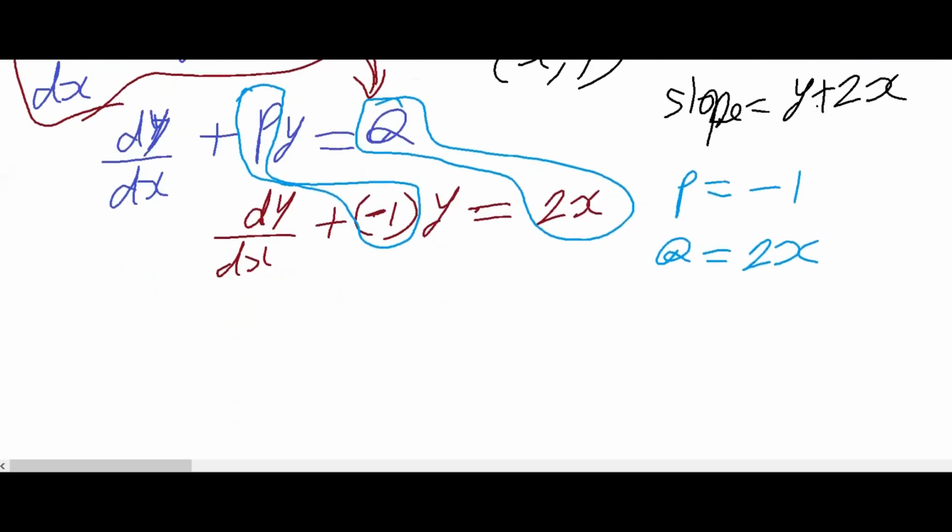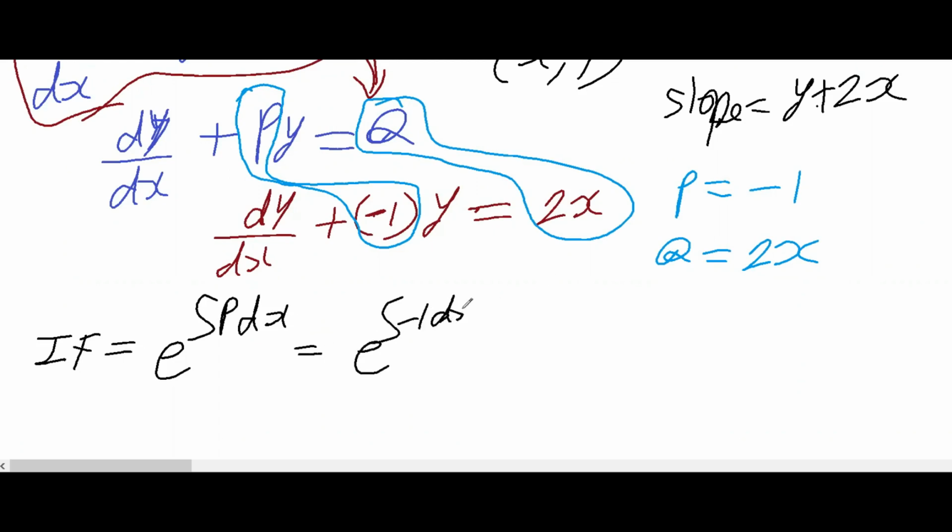Since I have found which type of linear differential equation this is, what is the second step? Second step is to find the integrating factor. Here the integrating factor will be e to the power of integration of P dx. What is P? It is minus 1, dx. This is nothing but e to the power of minus x.